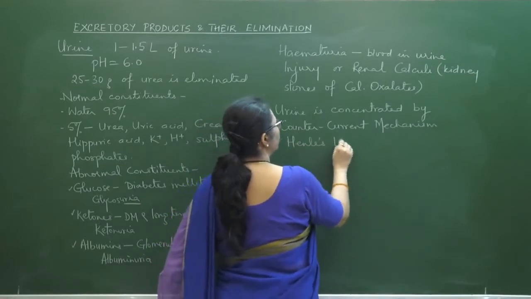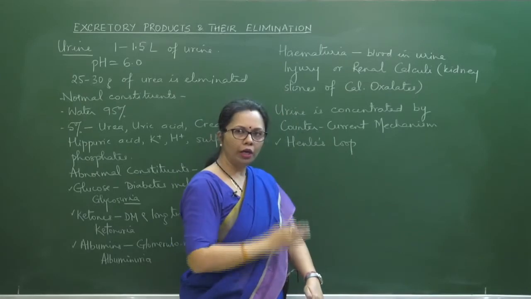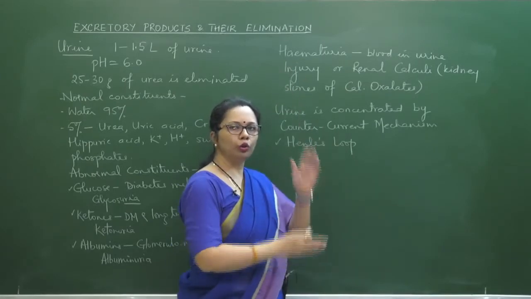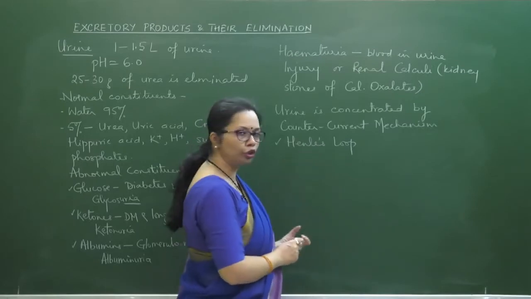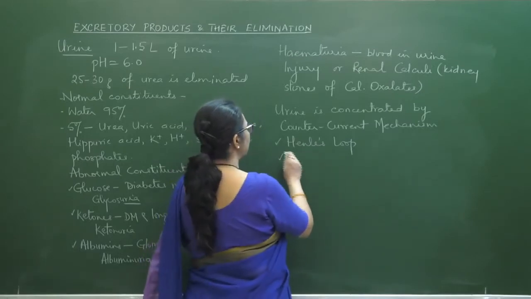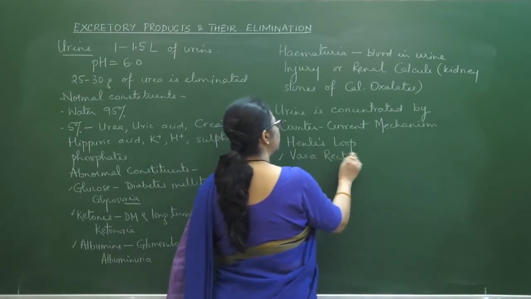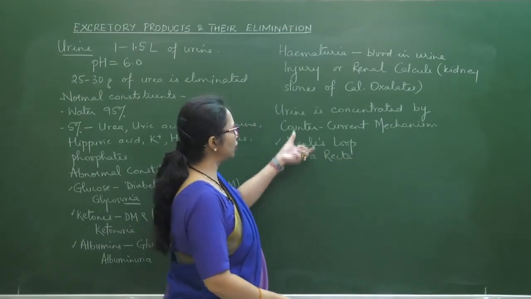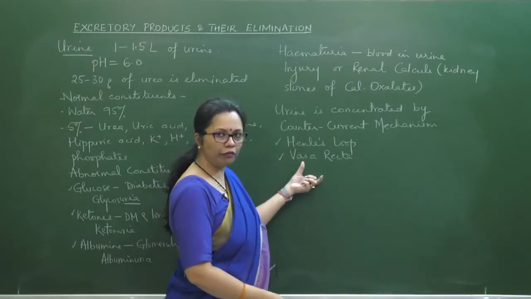In Henle's loop, you have seen the descending limb going into the medulla and the ascending limb coming up. So the glomerular filtrate is moving in opposing directions. Across this Henle's loop is the vasa recta. These two structures are responsible for forming the countercurrent mechanism.